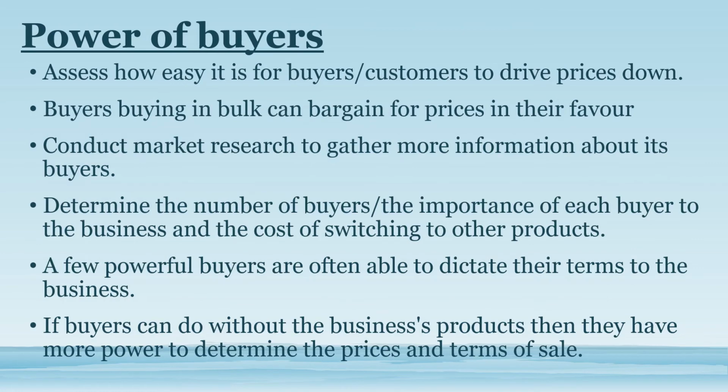Look at my buyers. Buyers now have the power to force prices down. Because guys, if none of us purchase a product, what happens at the end of the season or when the product comes close to its expiration date? The business is forced to decrease the price.